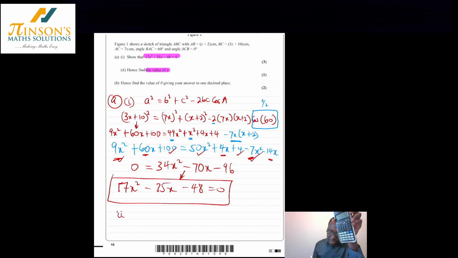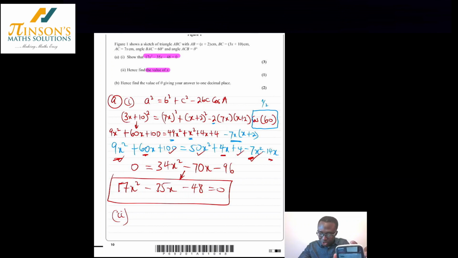For A(ii), all you need to do is go to your menu, and then you have to go down to see your equation, which is A. So where you have simultaneous equation and polynomial, you press 2, and then the degree is to the power of 2, so degree is 2, and you just sub in the values.